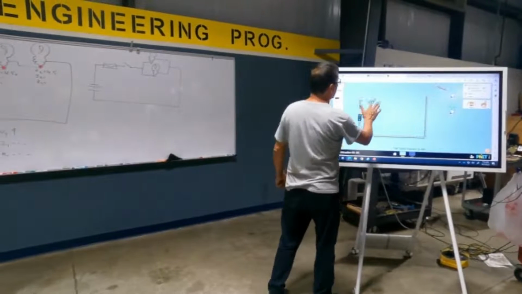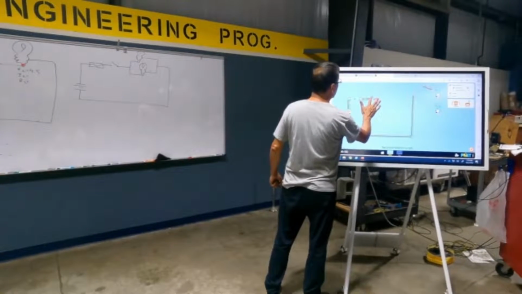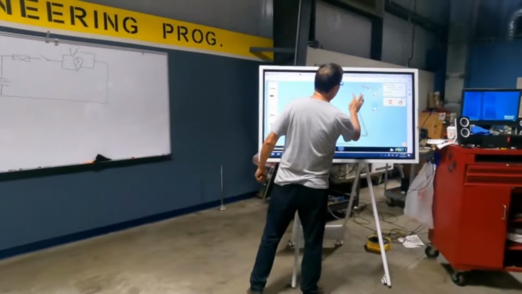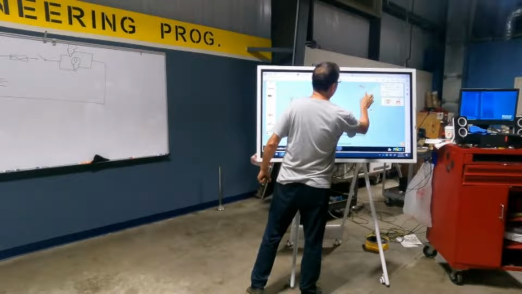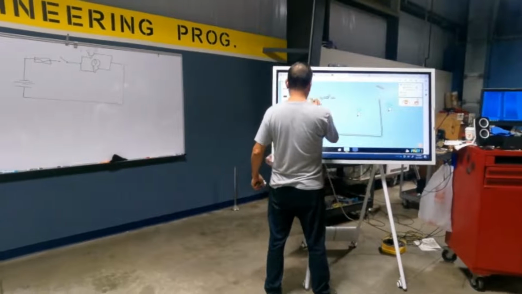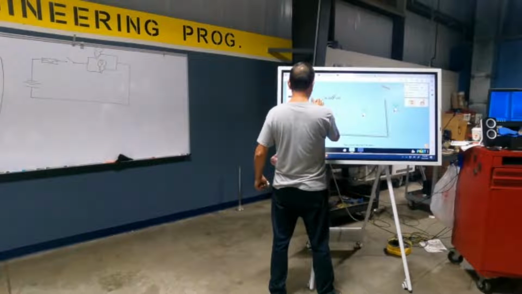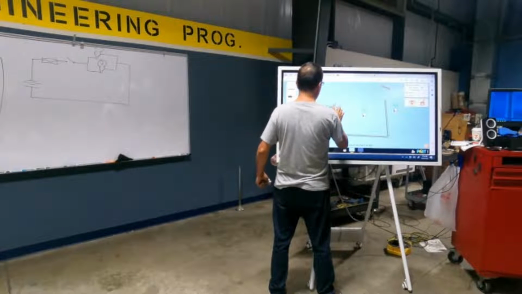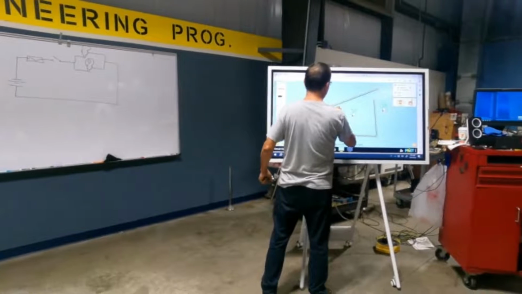Okay, I have the switch here, and let me modify a little. Let me bring one of those light bulbs. Let me reduce this diameter a little, and I am going to enter here.